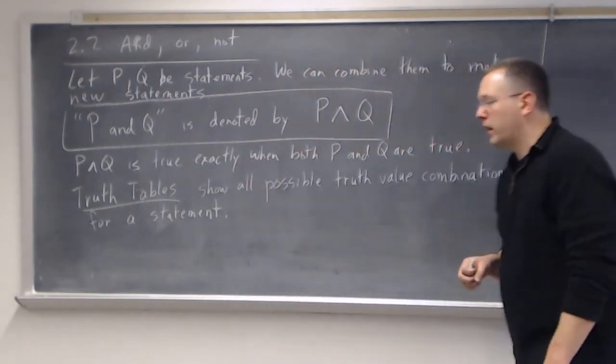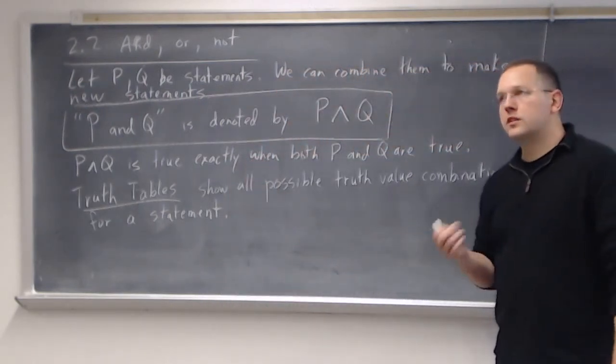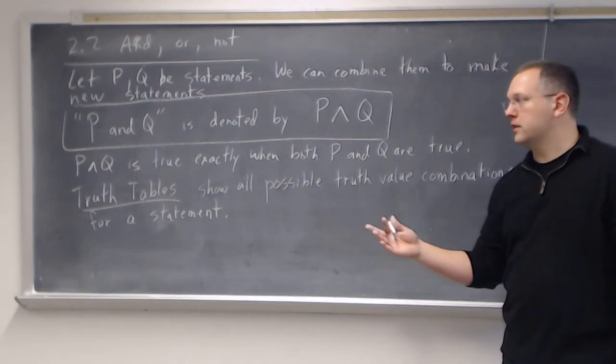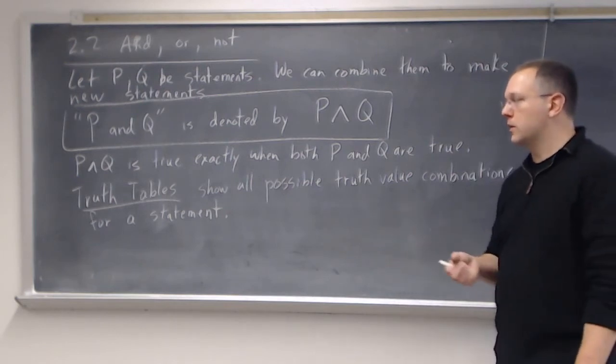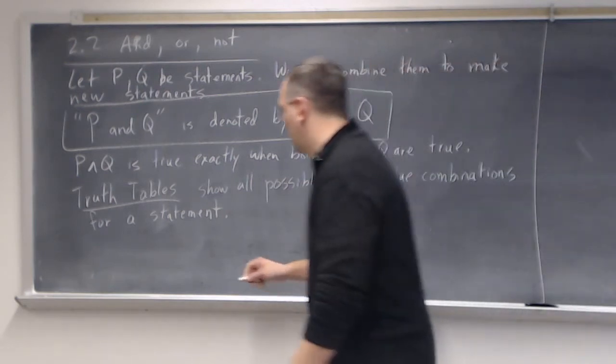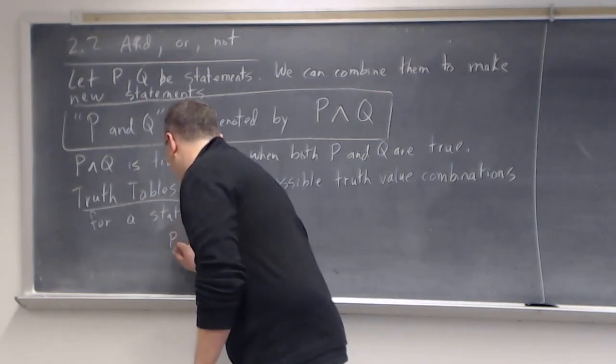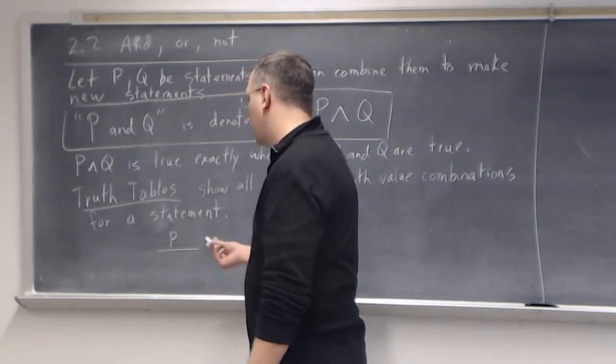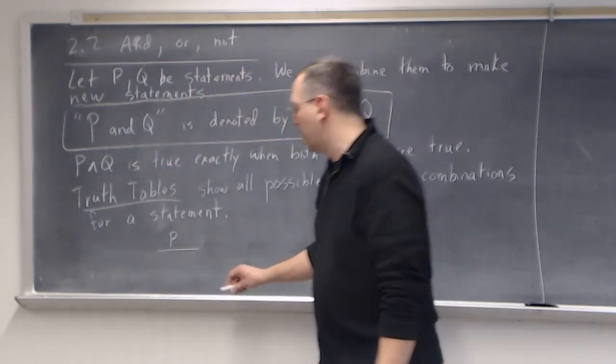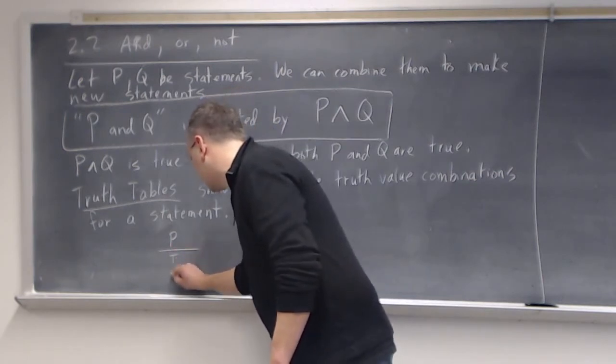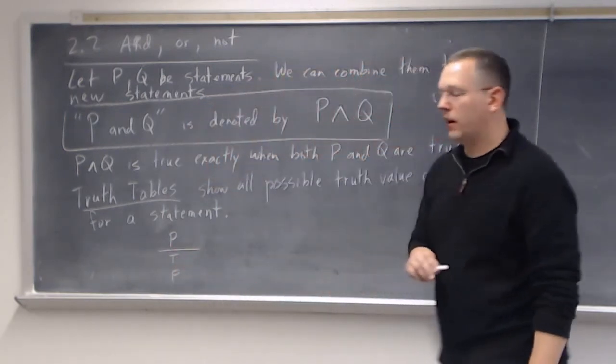The more statements you have in your compound statement, the more complicated truth tables get. The most basic truth table starts with the statement P and lists all the possible values. For any given statement, it's either true or false.